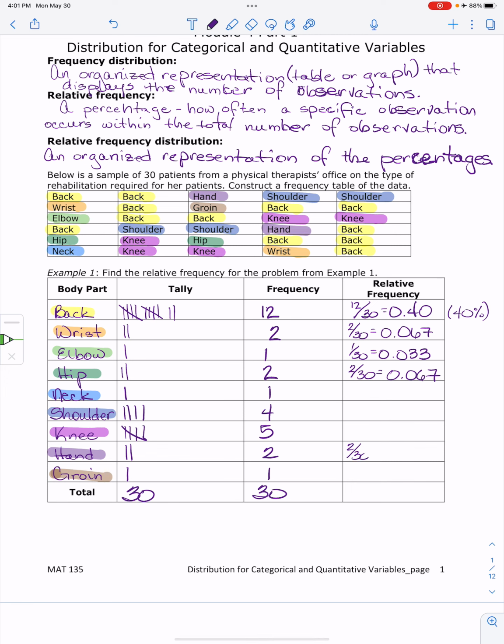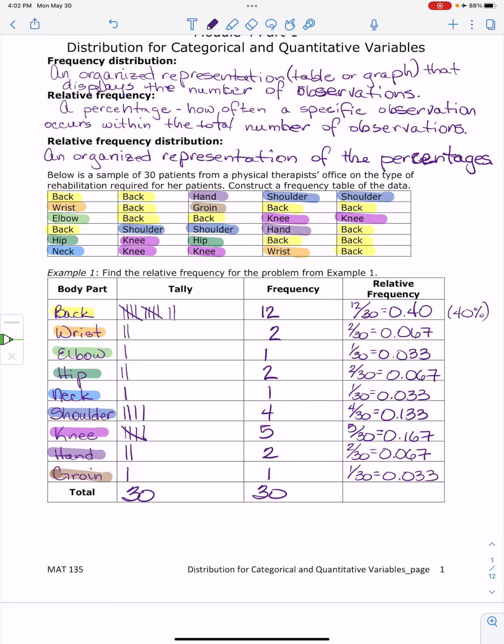I'm going to come down here and fill that in. One neck injury. Back down here, 1 groin injury. Four shoulder injuries, that 4 out of 30 is 0.133. And then my 5 knee injuries, 5 divided by 30 gives me the relative frequency of 0.167.